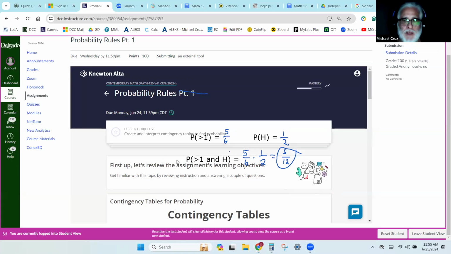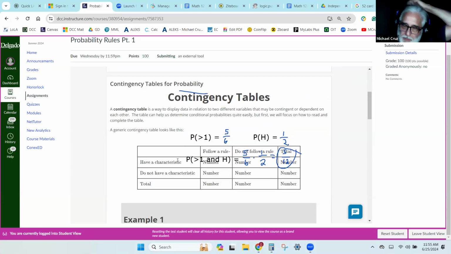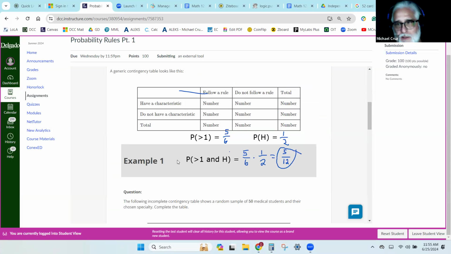All right. Now, these contingency tables, essentially a contingency table is specifically one where you've got 2 rows and 2 columns. So this was just a generic one. The choices for the rows are have a certain characteristic, do not have a characteristic, and then the columns are follow a rule, do not follow a rule.